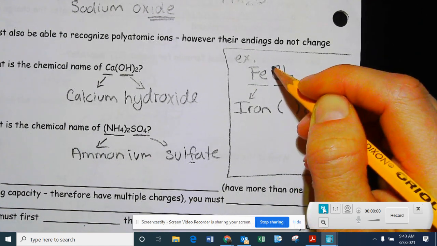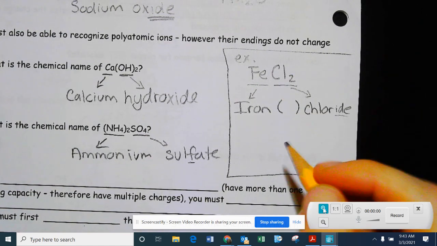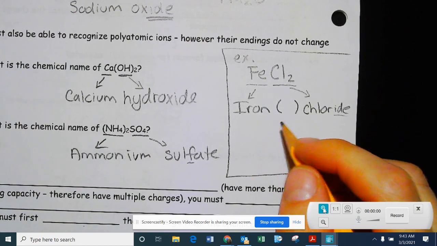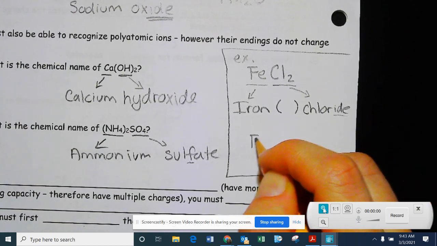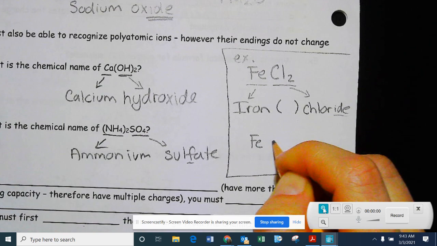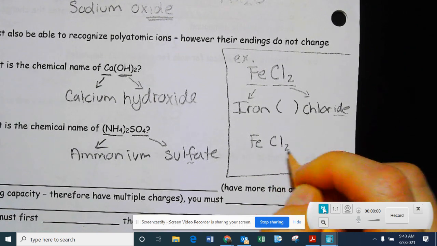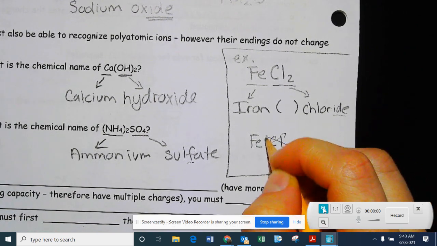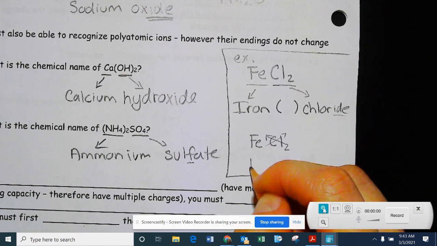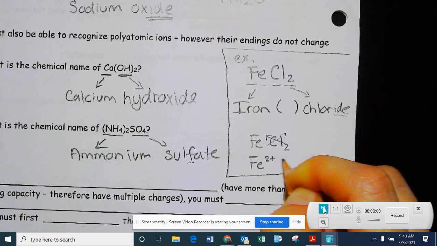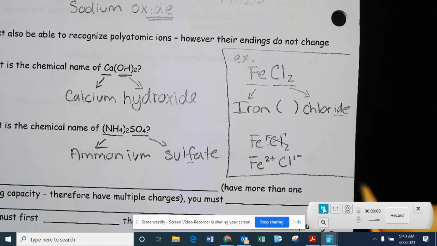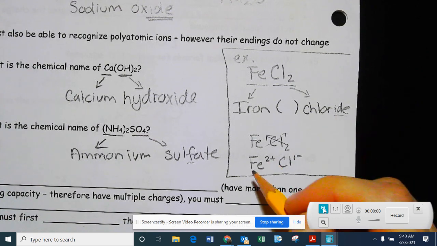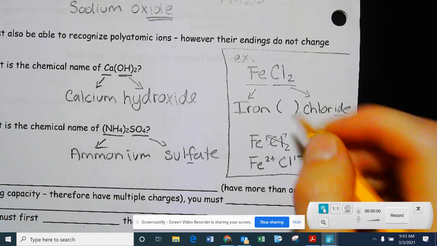That means that iron has got to have a 2 plus charge. Or you can do the reverse crisscross, where you go FeCl2, and you're just doing this, and you end up with Fe2 plus Cl1 minus. And then you're like, okay, it's my iron 2 cation.